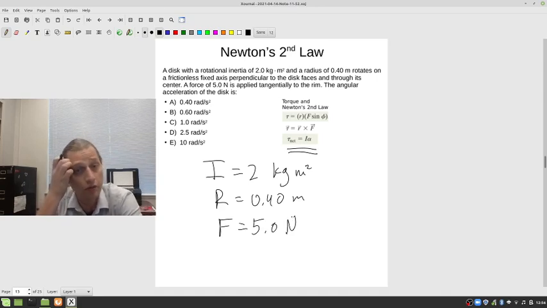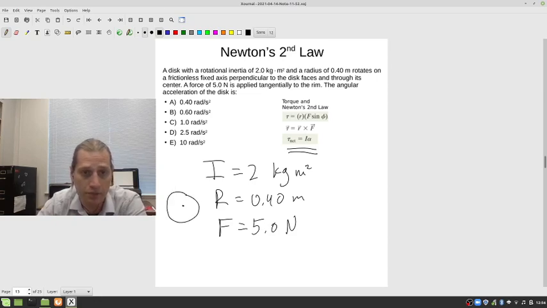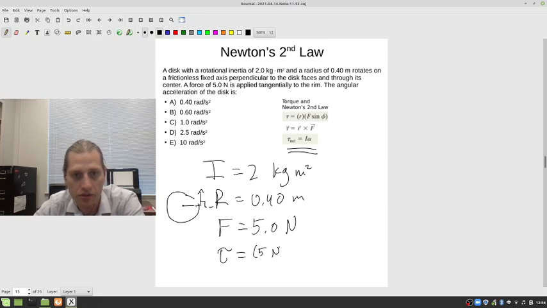but what we want is the torque. But in this particular case, it's easy because they say it's tangential. That phi angle will then be 90 degrees, and our torque will just be 5 newtons times 0.40 meters.